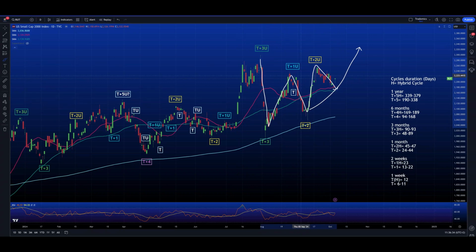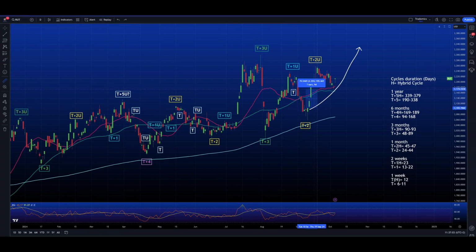It's more of a steady state situation. But in any case, we know, thanks to this methodology, that at a certain point in time, between 190 and 338 days from this stop, we will have to return back to $2,299. Okay.